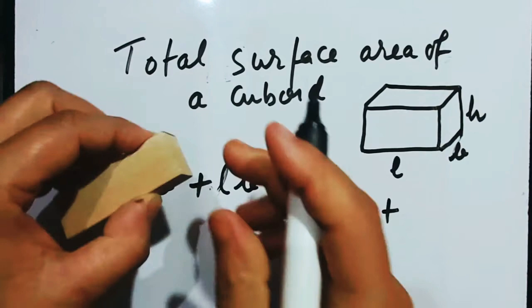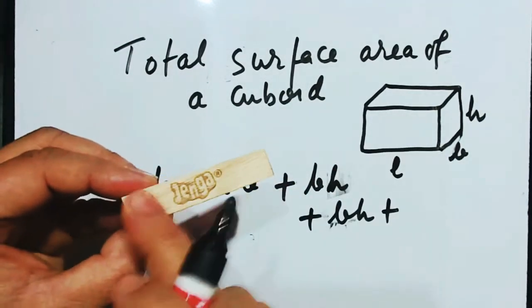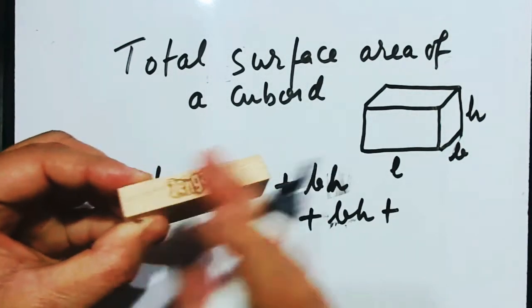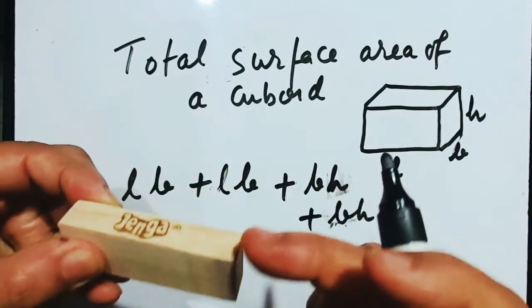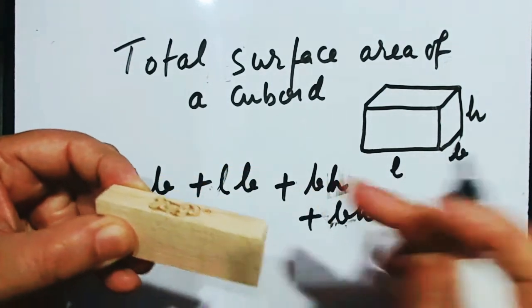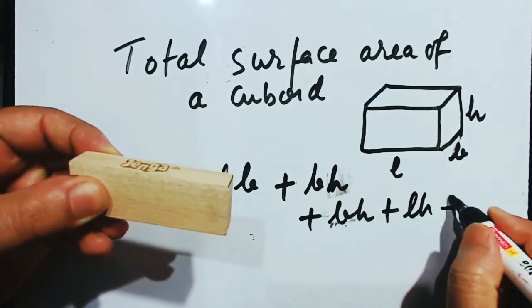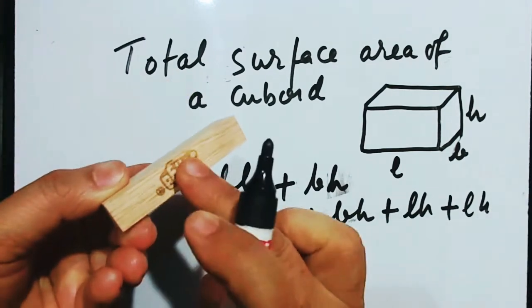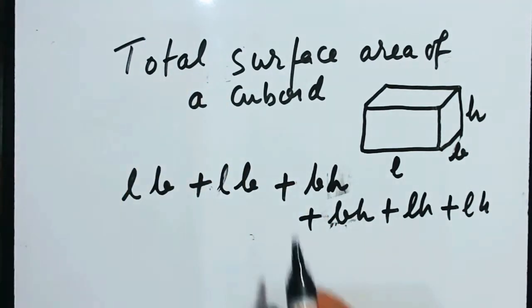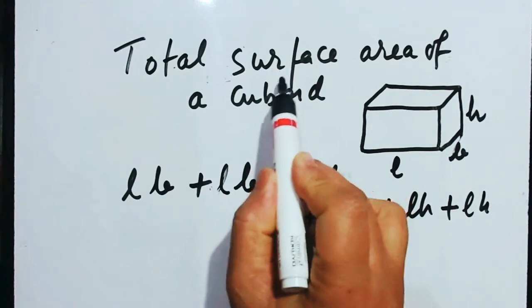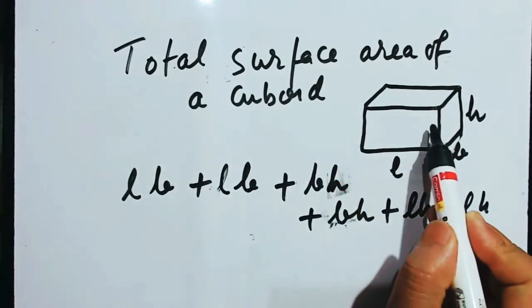Now this particular portion is my length into height, so LH, and one more LH is there on this side. So now I have found the total 6 faces of this cuboid.